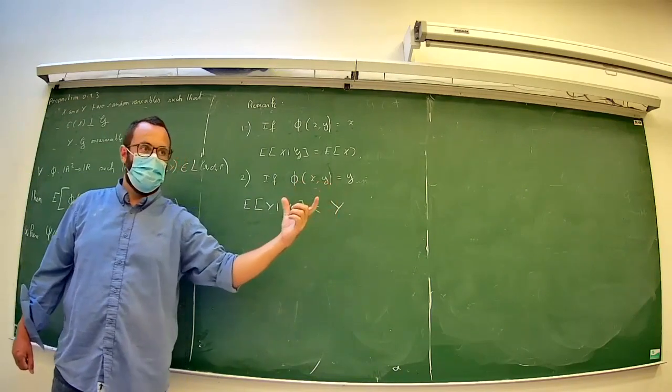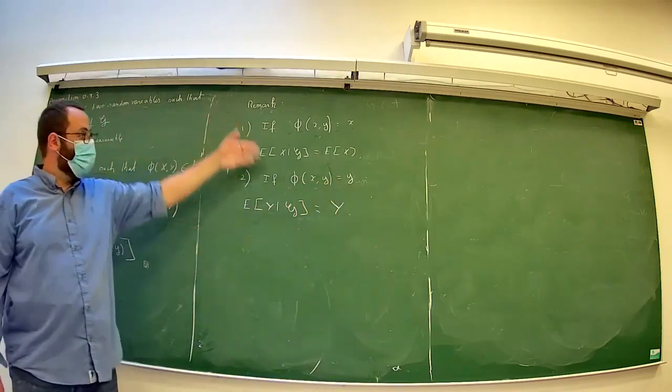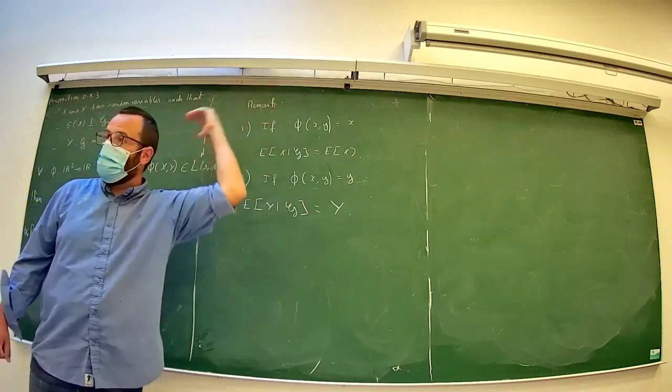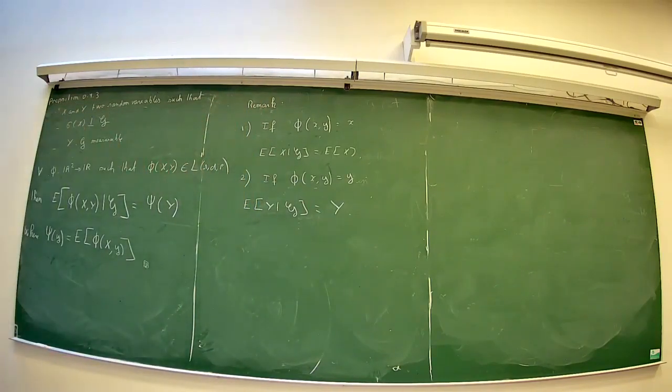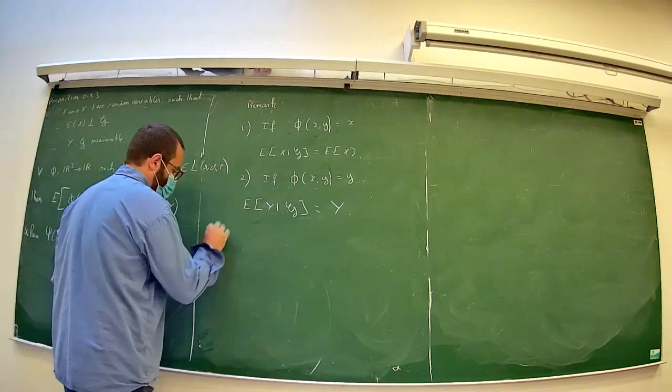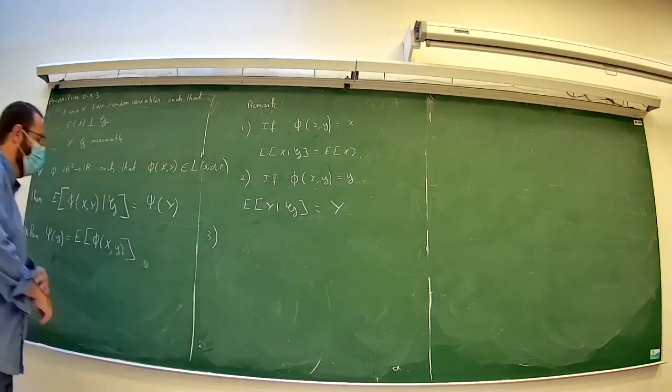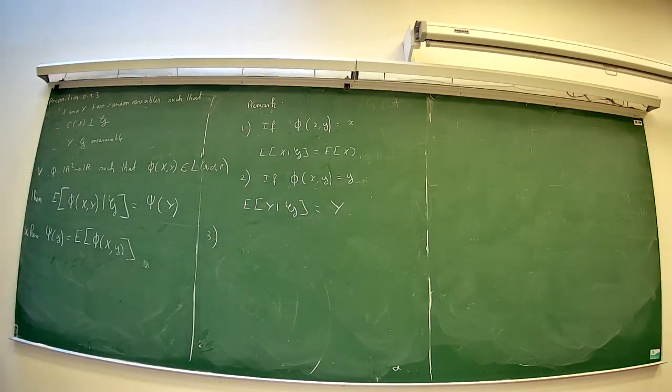So these are two subcases of the preceding proposition, two statements included in the previous proposition. So that's the first two remarks. Third remark. I will write an equality and you are going to tell me if it is okay or not for you.